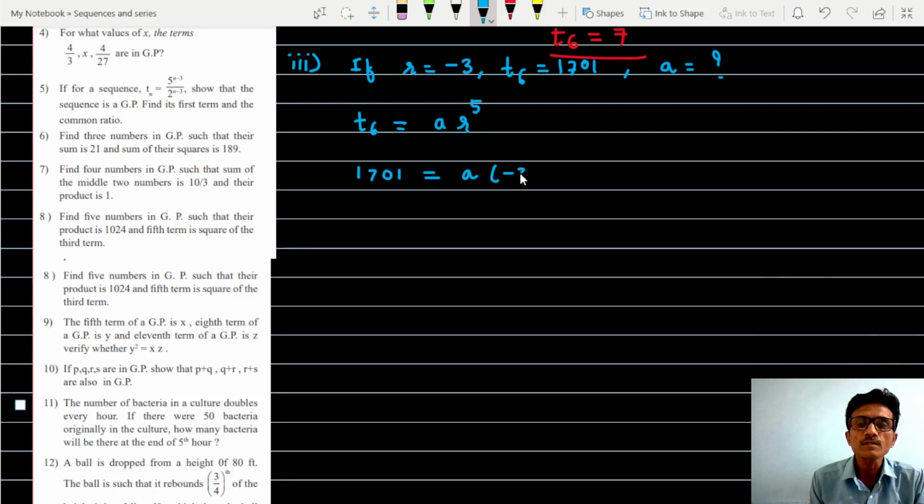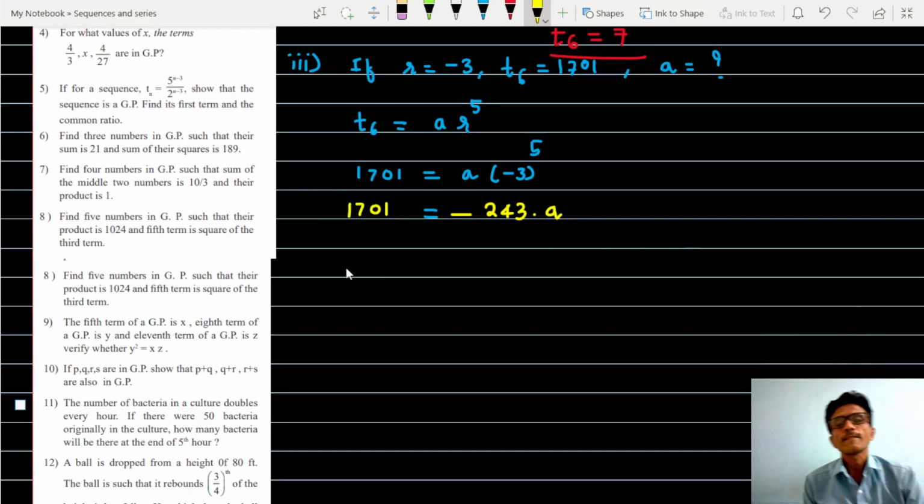R minus 3 raised to power 5, which is odd power है तो नेगेटिव ही होगा, माइनस साइन होगा. सो इट इज माइनस 3 raised to power 5 is 243 into what? A. और लेफ्ट हैंड साइड क्या है बेटा? 1701. यस, 1701 हम एक्सप्रेस कर सकते हैं 243 into 7.